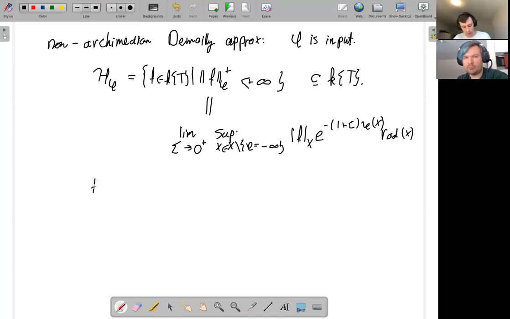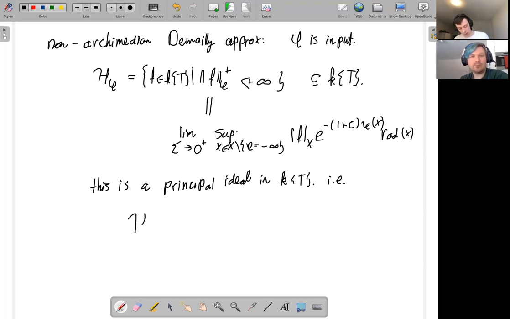And it turns out this is a principal ideal, i.e., it's the ideal generated by some function g for some g.